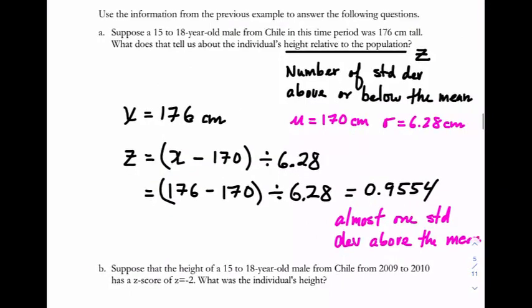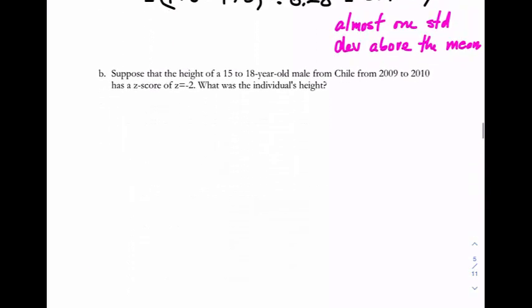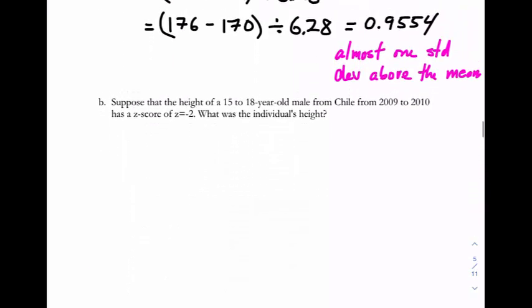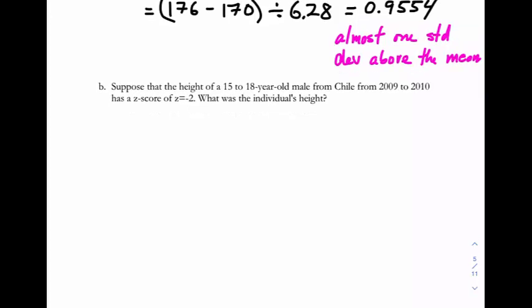Looking at part B, we're going to do the reverse formula here. Suppose that the height of a 15-year-old male from 2009 to 2010 has a z-score of -2. I'm going to use the alternative formula, like the last one, where x is equal to z times sigma plus the mean.